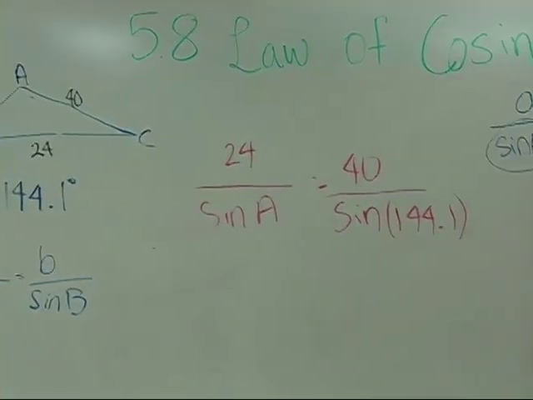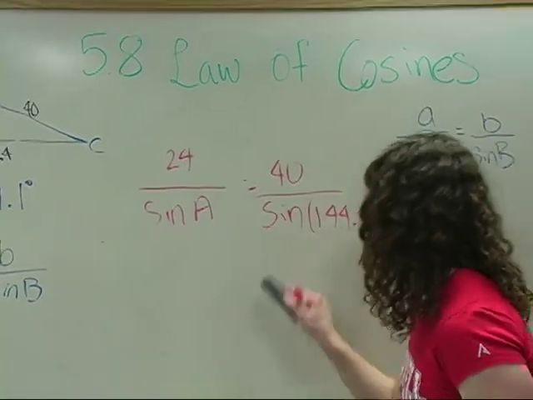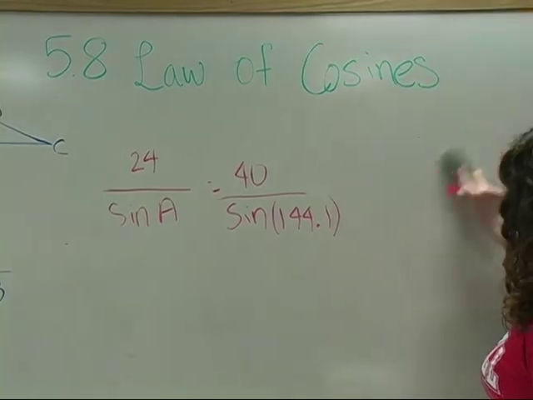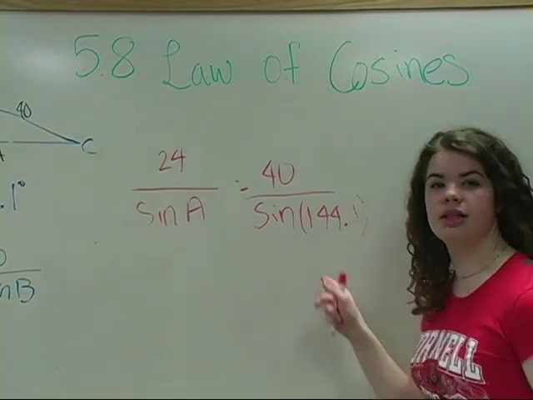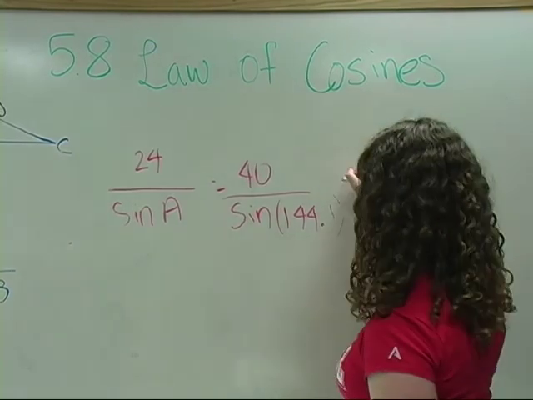Okay? And now we multiply each side by sine of 144 to get rid of it. Because whenever you have anything in the denominator, you have to multiply both sides of the equation to get rid of it.